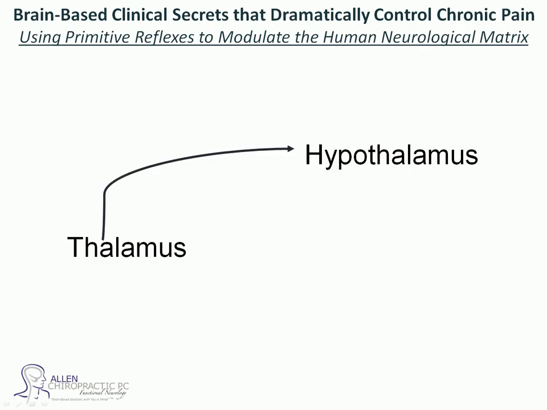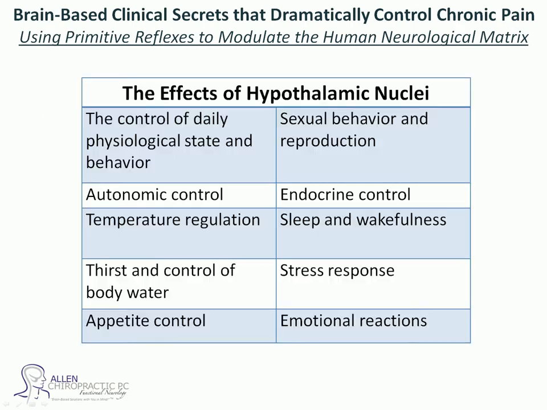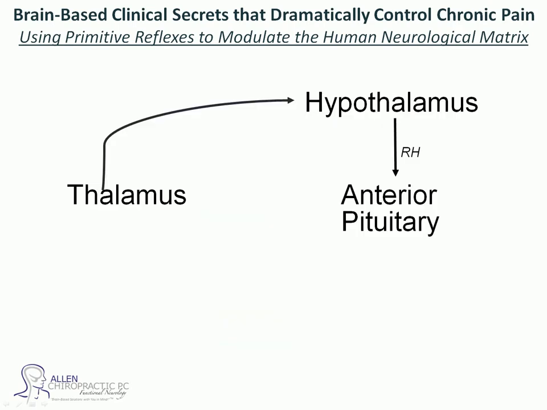Further, the thalamus controls the hypothalamus. And the hypothalamus is responsible for things like autonomic control, endocrine control, temperature regulation, sleep and wakefulness, thirst, appetite, sexual behavior, and so much more. But these autonomic responses are influenced by the anterior pituitary through releasing hormones, and then the anterior pituitary sends specific hormones to organs or to glands.